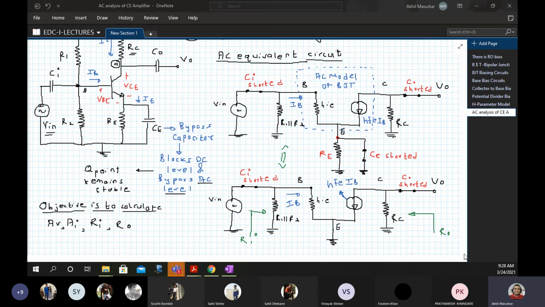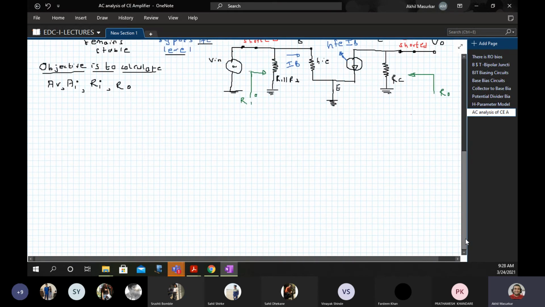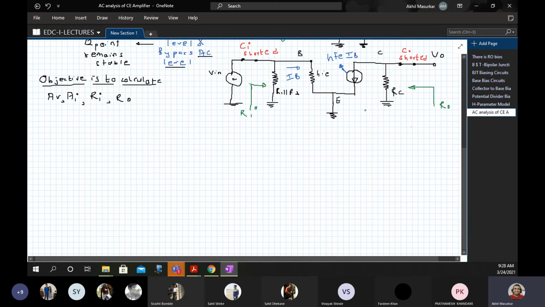Okay. Now, next part. We will concentrate only on this second circuit. First let us write the calculation of Ri.